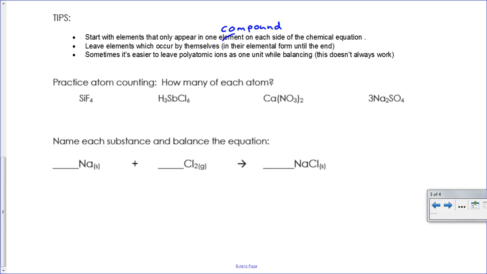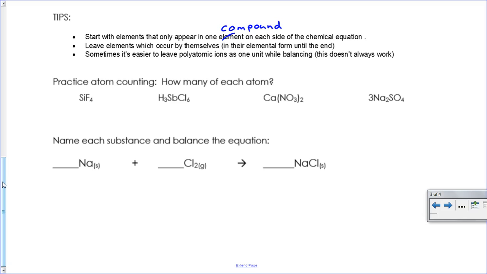A last tip here is that if you have a polyatomic ion, which are those ions listed on the back of your periodic table, sometimes it works to just leave the polyatomic ion together as one unit, and I'll talk about how that works as we go through some of these examples. And then sometimes you need to split up that polyatomic ion, so you can't leave it together, and that just doesn't work sometimes.